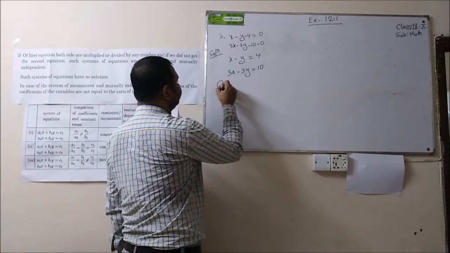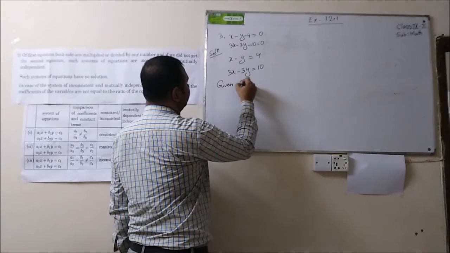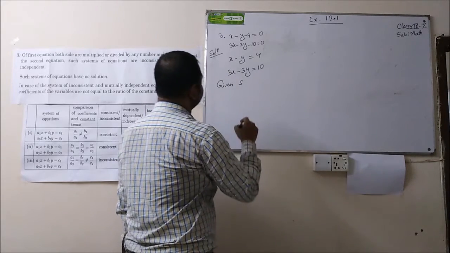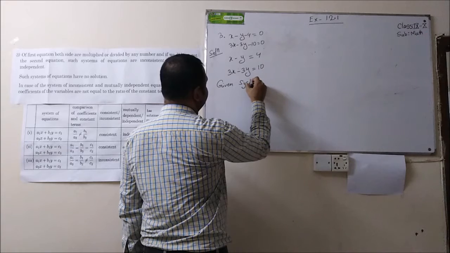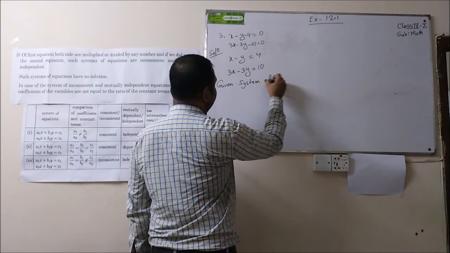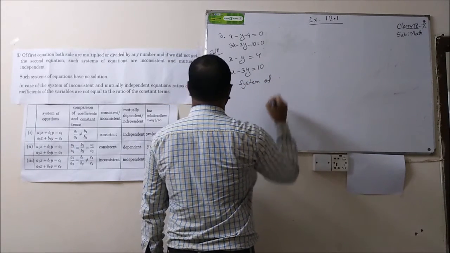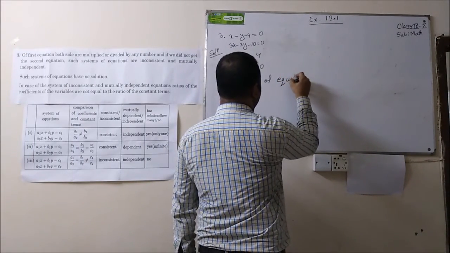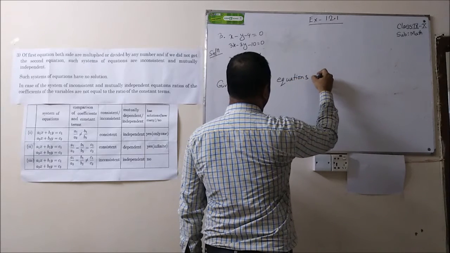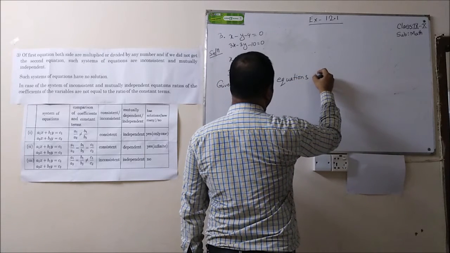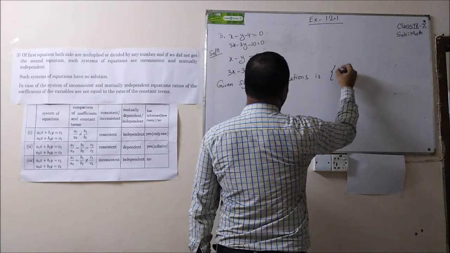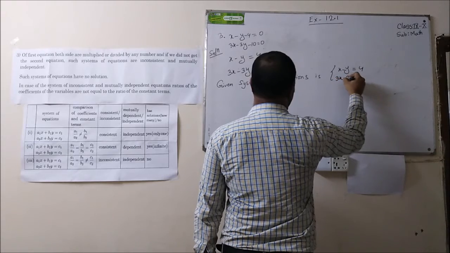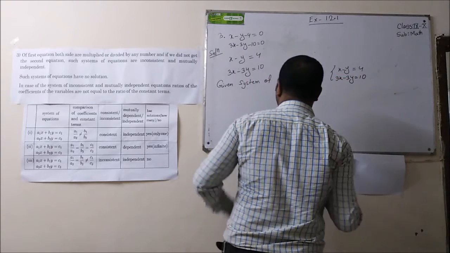Now the given system of equations is x minus y equal to 4, 3x minus 3y equal to 10.